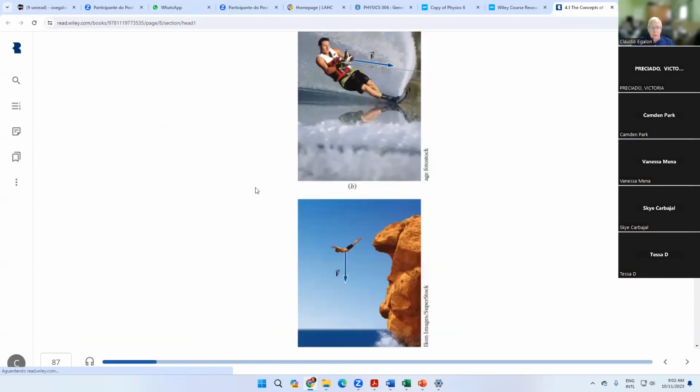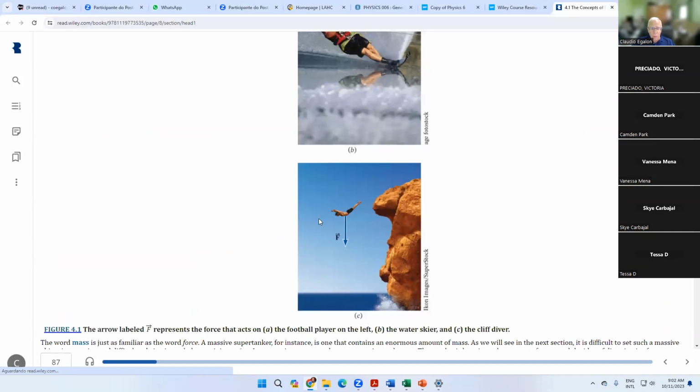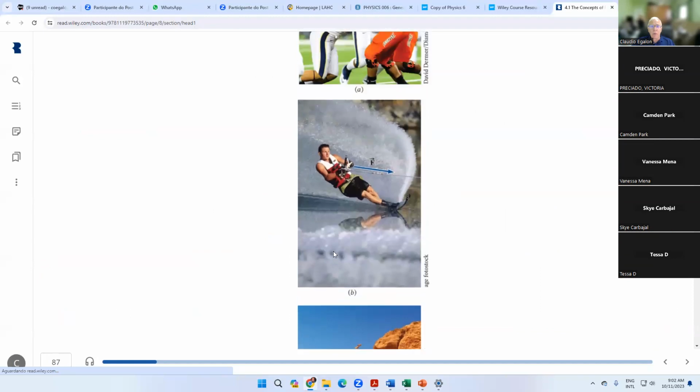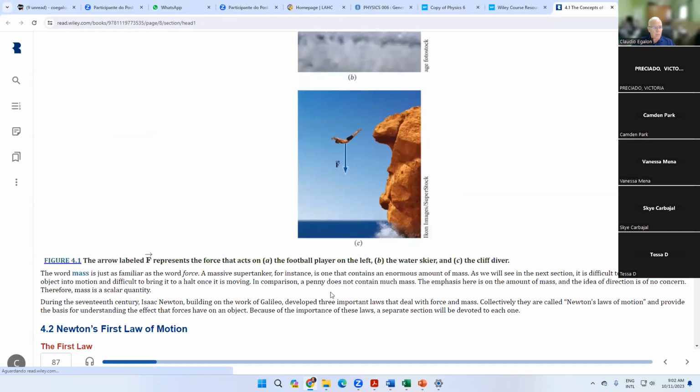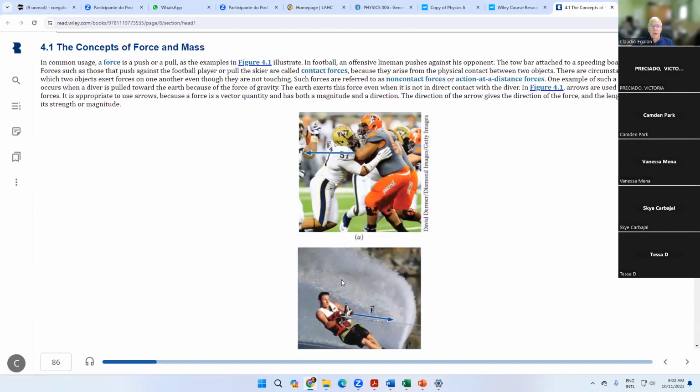Let's see. Here's an illustration of the weight applied to an individual. The ball player to the left. Oh yeah, here you go. Here's the contact force of one player on another one. This force that you see right in here is the force that this guy with the red helmet is applying to the guy in the yellow helmet.